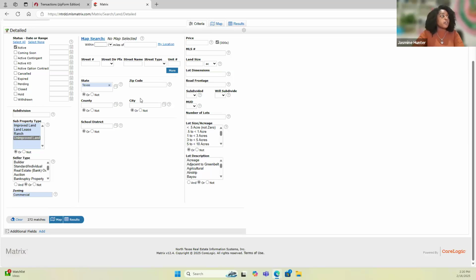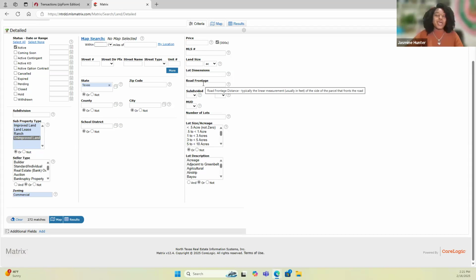All right. So now you're putting in your city, your zip code, with the distances, what prices you want, the land size, how many acres, the dimensions, road frontage. Again, your road frontage is literally how much road is in front of your property. So if you only have 100 feet of road frontage, there are houses that are being built on 75 feet of road frontage. So 100 feet of road frontage is not a lot for a commercial building.